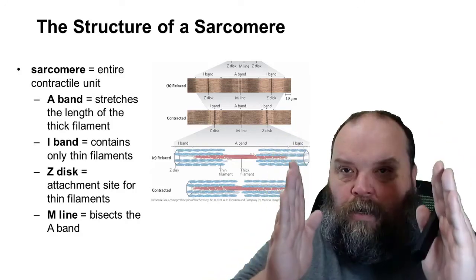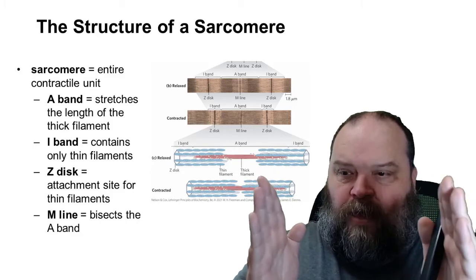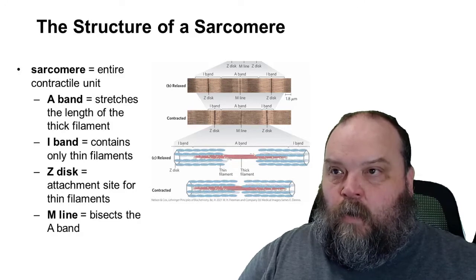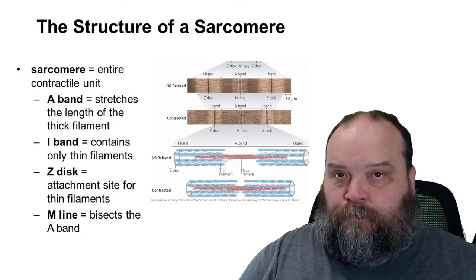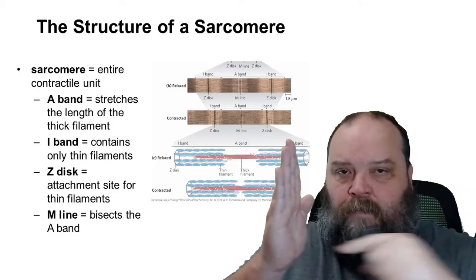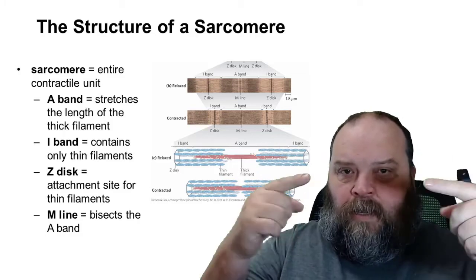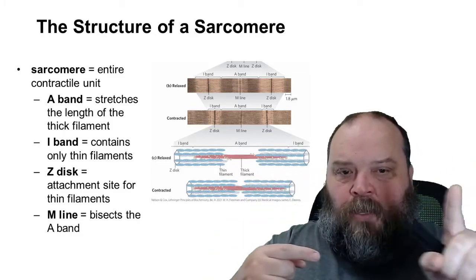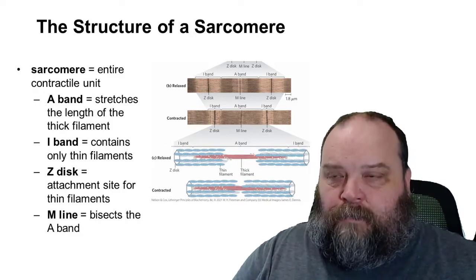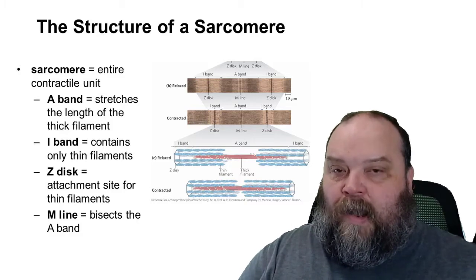These I bands are protein structures that the actin filaments are going to be attached to. I band, actin filament coming off of it. I band, actin filament coming off of it. Actin filaments coming to the center. And what crosses between those actin filaments, there's the myosin. Myosin heads interacting with the actin filaments.